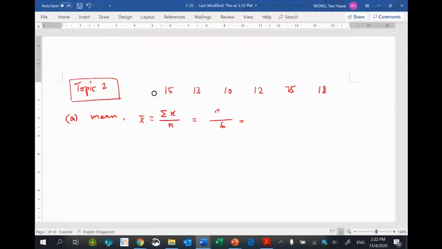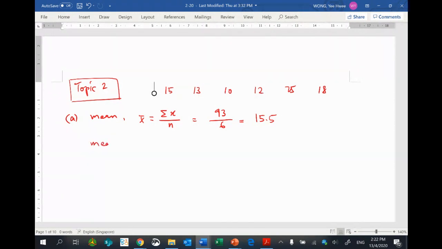You get 93. So 93 divided by 6, how much do you get? I think 15.5. That's all you need to know for mean.